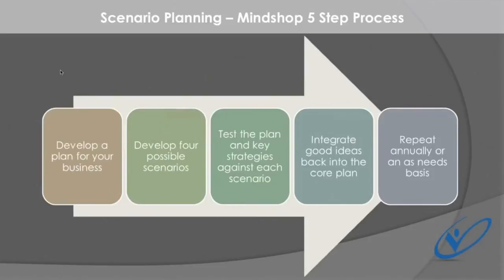Particularly if we talked about the final steps there, to repeat. One of the things you might do is go and pick another two factors and map the scenarios that arise out of those and do the process again. So you may actually repeat this little exercise 3 or 4 times. You'll end up with 12 scenarios.